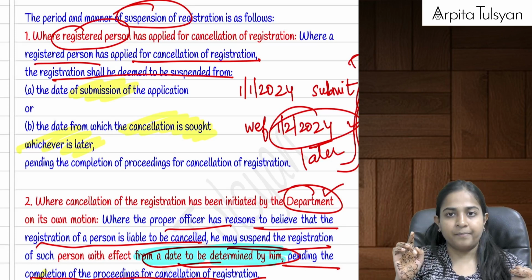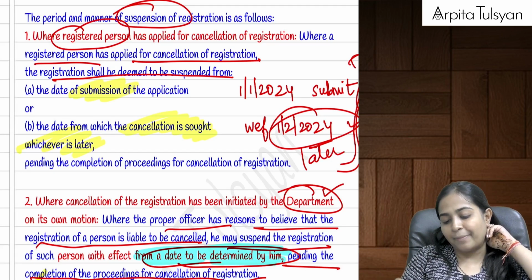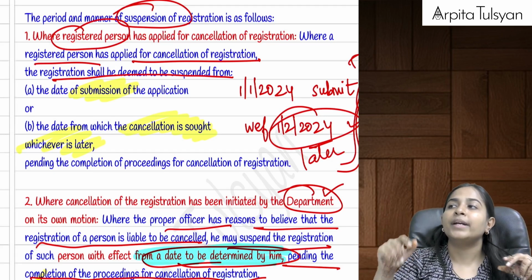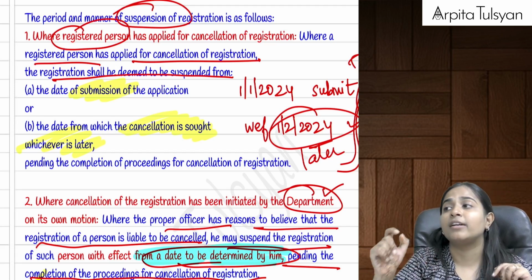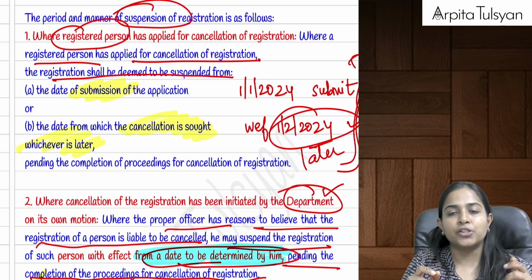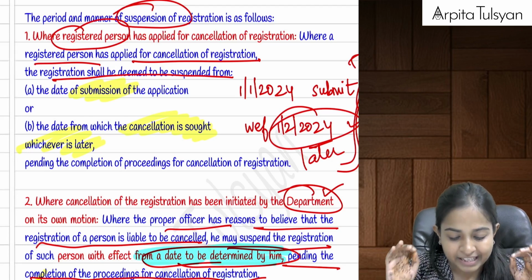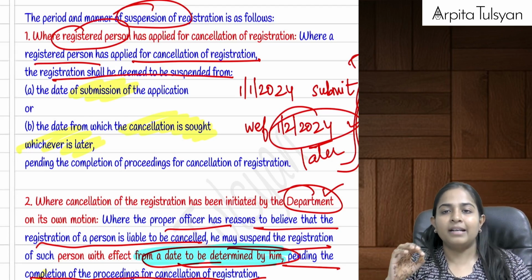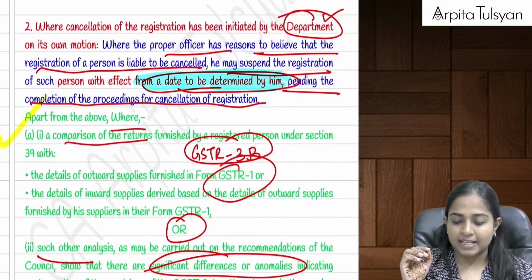Let's say I make an application on 1st of January, but I say that I want it cancelled from 1st of February, which is after a month. Out of these two dates, whichever is later will be considered as the effective date of suspension.